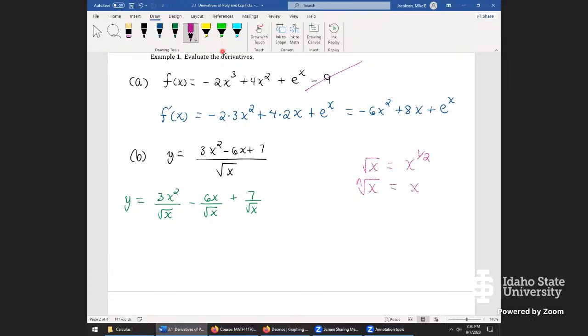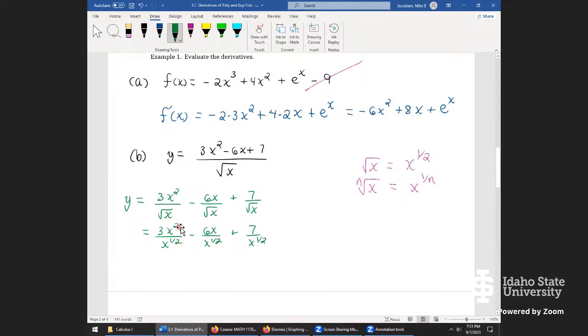This turns into x to the power of 1/n. So those are the major rules we'll use on this one. And so on the next step, we'll call this 3x squared divided by x to the power 1/2 minus 6x divided by x to the power of 1/2 plus 7 divided by x to the power 1/2.